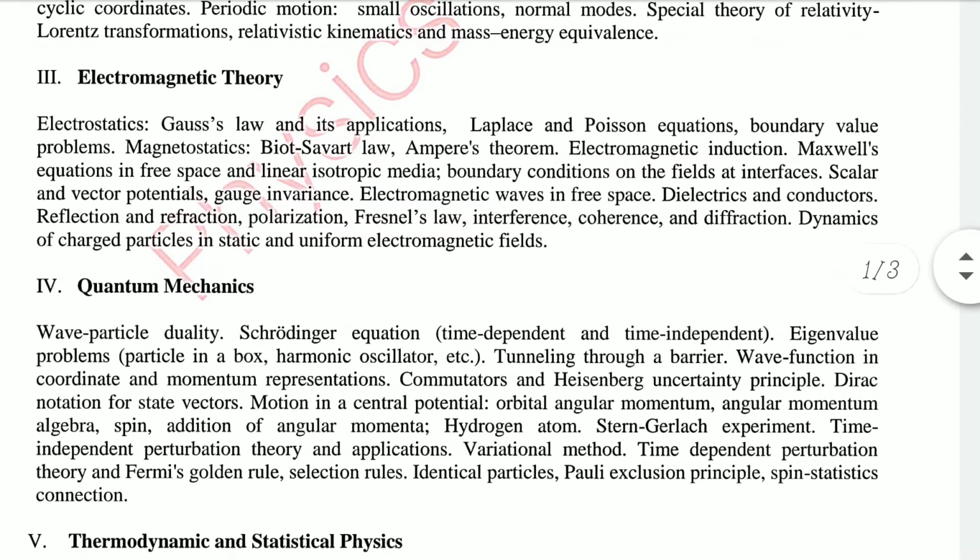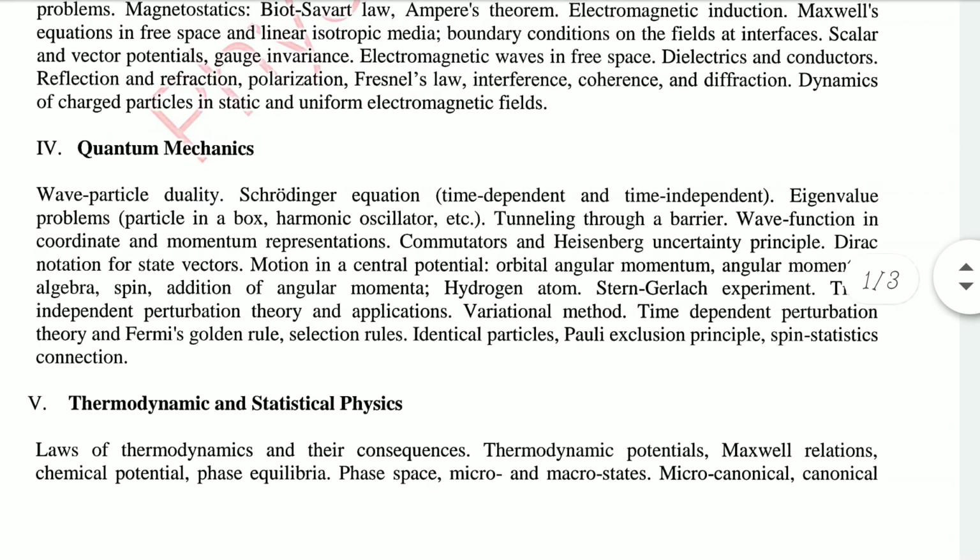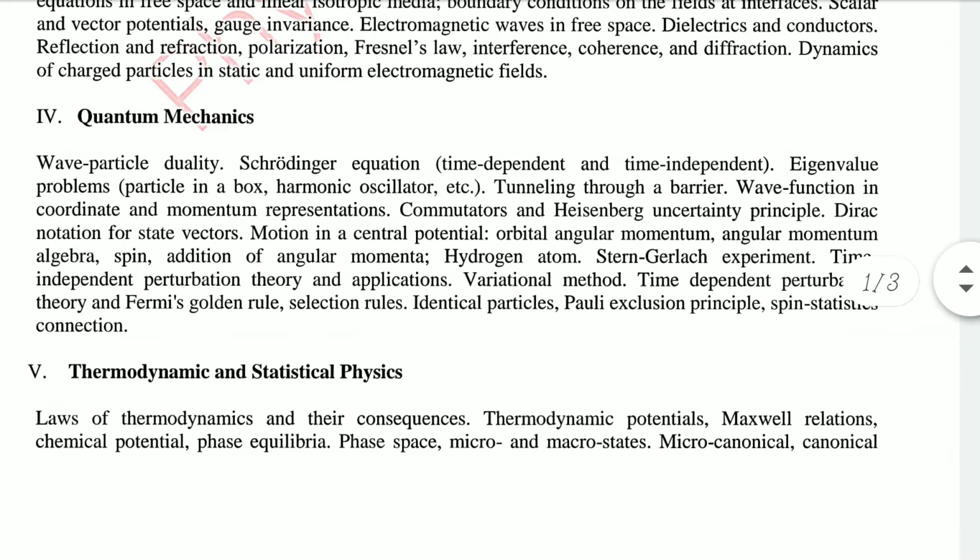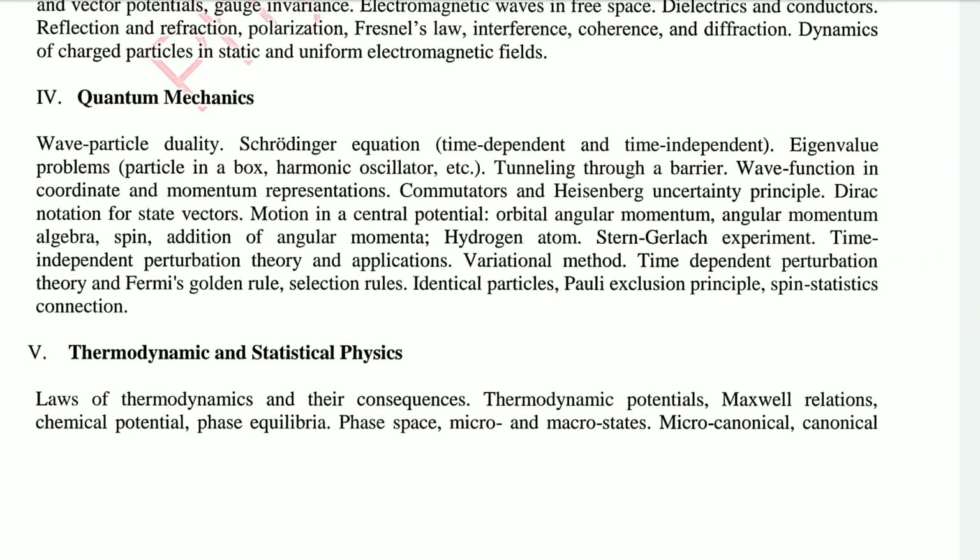In this quantum mechanics you have to read wave particle duality, Schrodinger equation, obviously time dependent and time independent, eigenvalue problems, that is in particular topics like particle in a box, harmonic oscillator, etc. Tunneling through a barrier, wave functions in coordinate and momentum representation, commutators and Heisenberg uncertainty principle, Dirac notation for state vectors, motion in a central potential, angular momentum algebra, spin, addition of angular momentum, hydrogen atom, Stern-Gerlach experiment, time independent perturbation theory and applications, variational method, time dependent perturbation theory and Fermi's golden rule, selection rules, identical particles, Pauli exclusion principle, spin statistics connection.